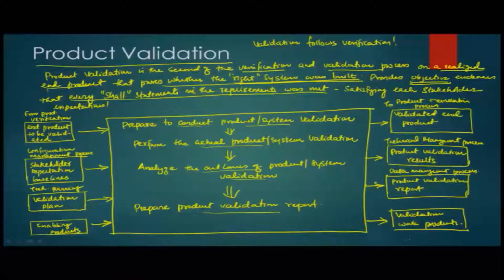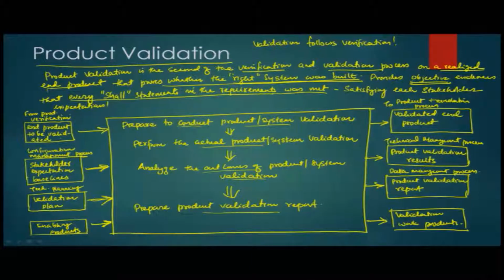Okay. So, there are 4 inputs, the end product to be validated, which comes from the product verification. Along with that, the input goes is the stakeholder expectation, what the customer was wanting, and what is the validation plan that was done at the time of the technical planning, and the enabling products, the products that will allow you to do the validation.